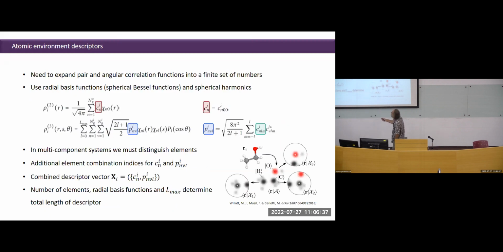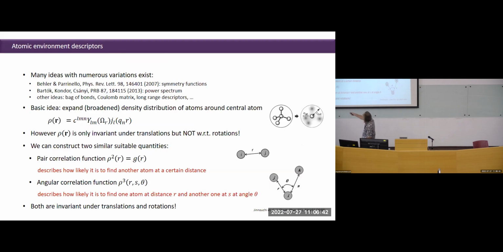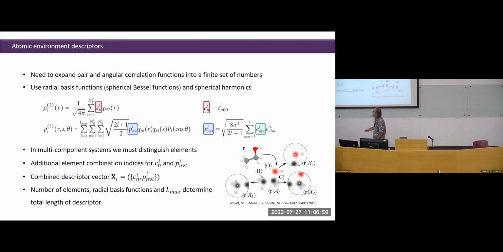And the nice thing is that we can deduce them out of this particular expansion. If we make this expansion of the local environment around an atom within a certain radius of this broadened ionic density, then we can get the pair correlation function and this angular correlation function from these expansion coefficients.